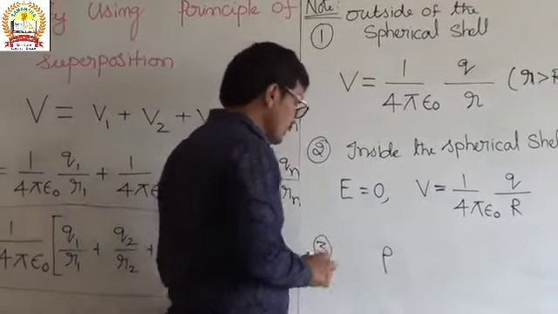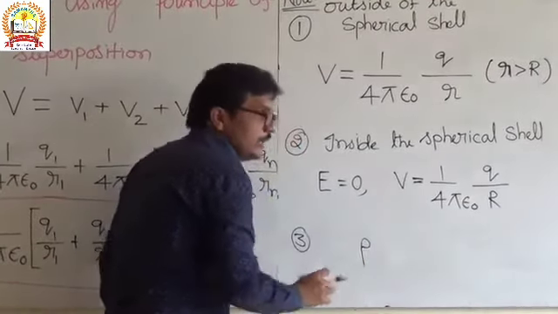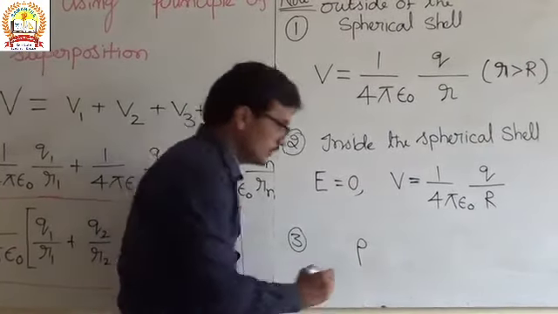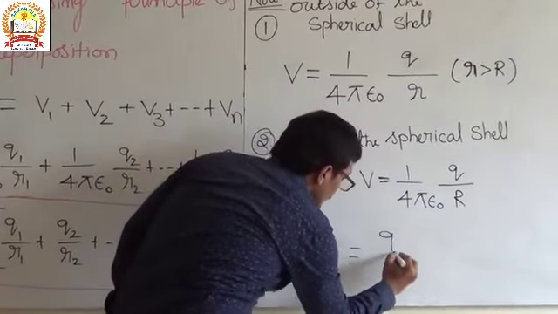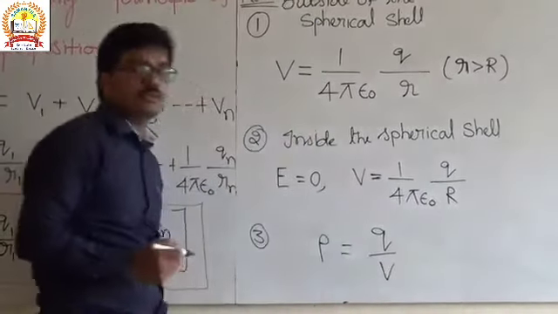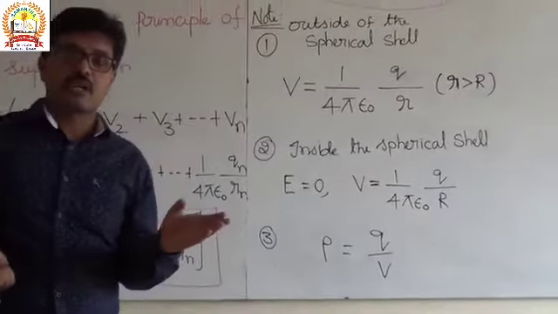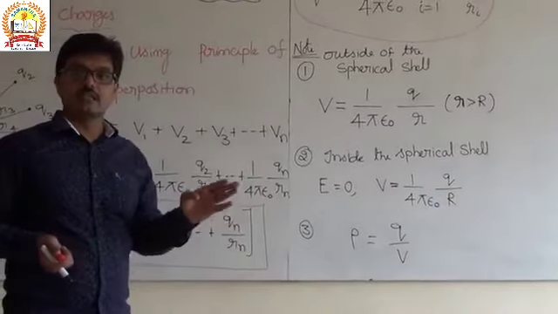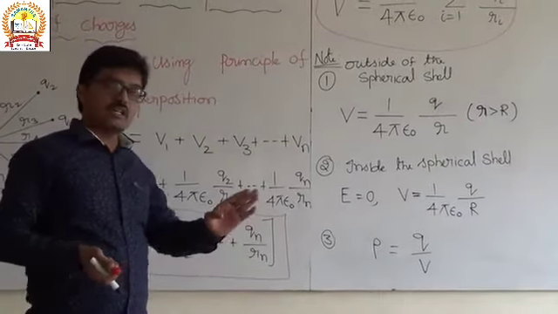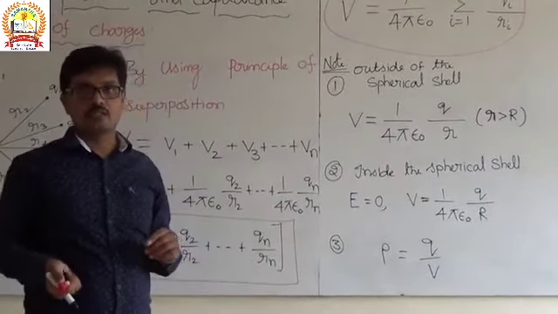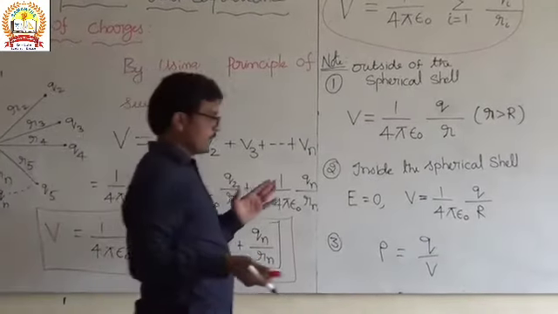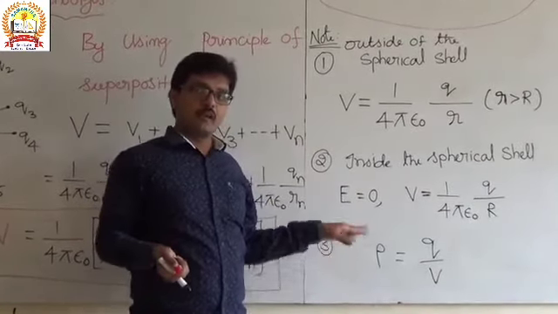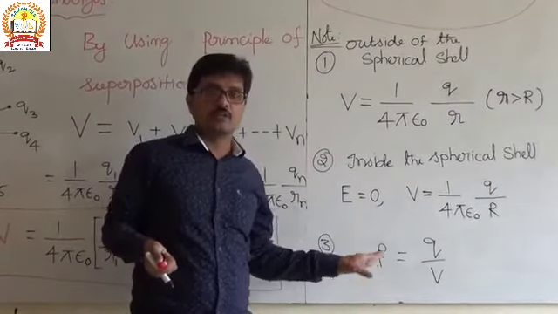We know that volume charge density is charge per unit volume, so rho is equal to Q divided by V. We know the types of charge distribution: linear charge density is charge per unit length, surface charge density is charge per unit area, and volume charge density is charge per unit volume.